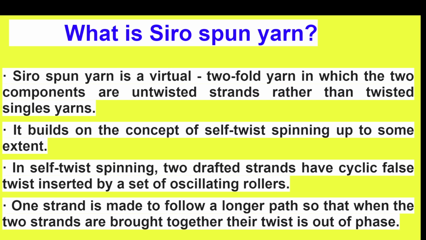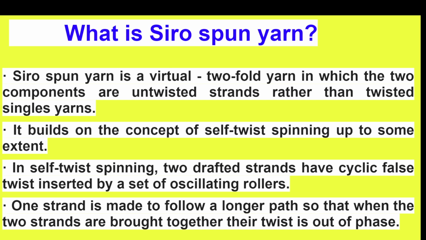The Siro spun yarn is a 2-ply yarn, and both plies are untwisted, but when the yarn comes out of the front roller, the twist insertion system inserts the twist into both plies, and a double ply twisted yarn results.